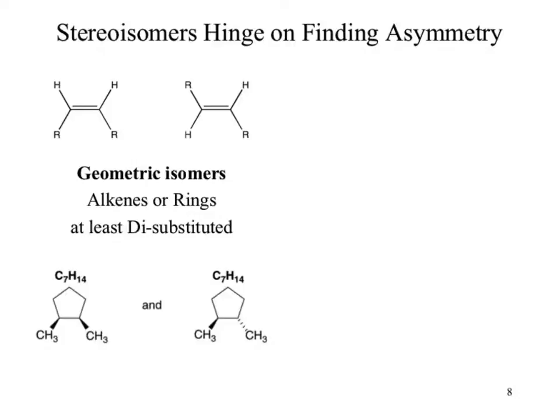So yes, we could label it as a ring, but if we went back to the original example that I had, were these the same? No. But they don't have a ring.